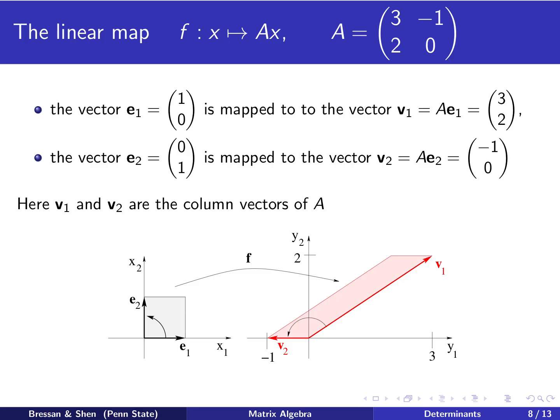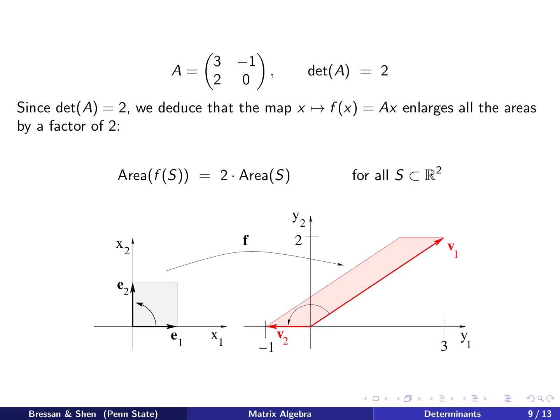Okay, so therefore this little unit square is being mapped to this parallelogram. And now we can compute the determinant of A, which we find is 2, so it's 0 minus -2. Since that's 2, that means that the map, X mapped to Fx equal Ax, would enlarge this area here by a factor of 2.